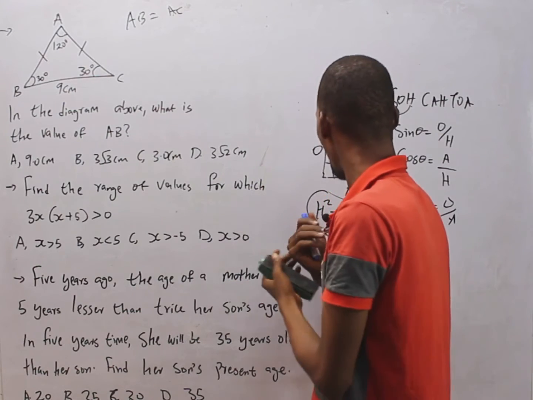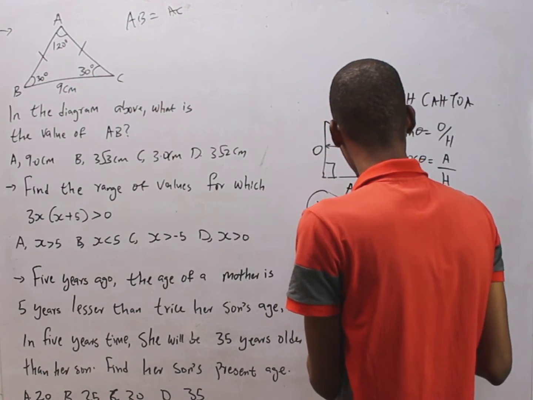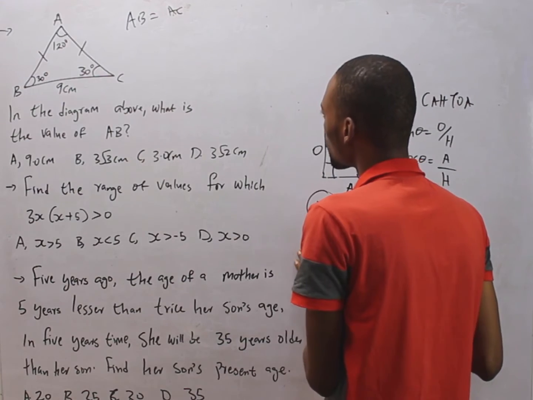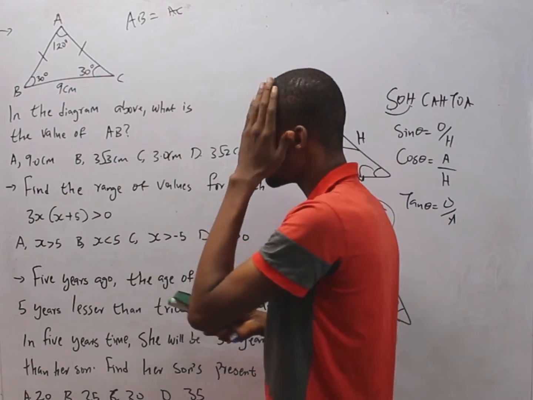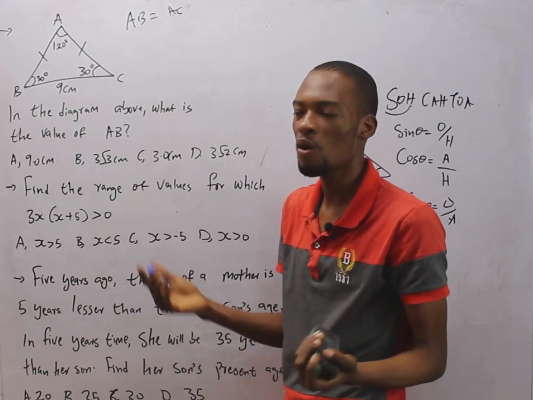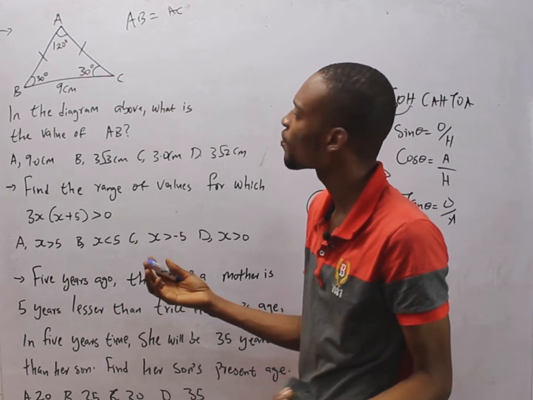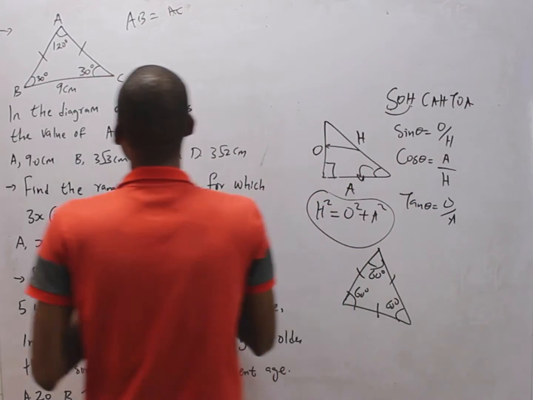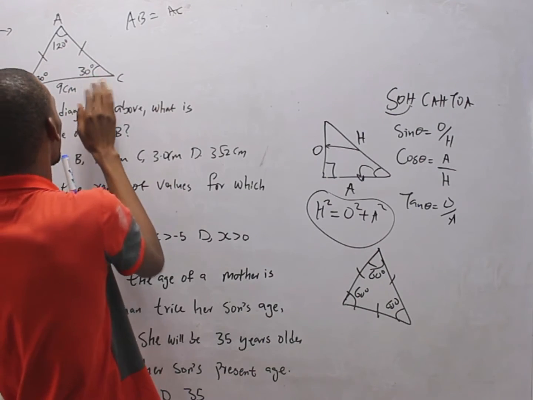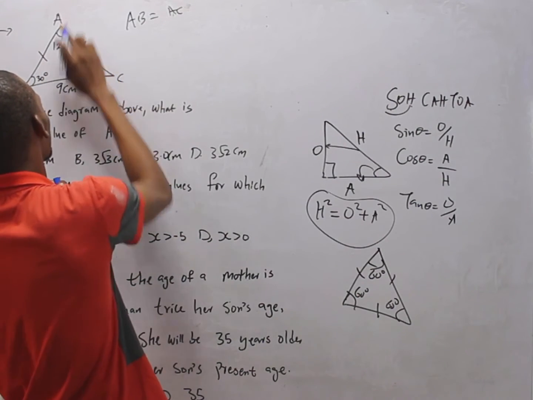I told you that Pythagoras theorem only applies to a right-angled triangle. While for this triangle, we use the sine rule or cosine rule. To solve this, we say that this is an angle, this is another angle, this is another angle. This is angle A and this is side a.